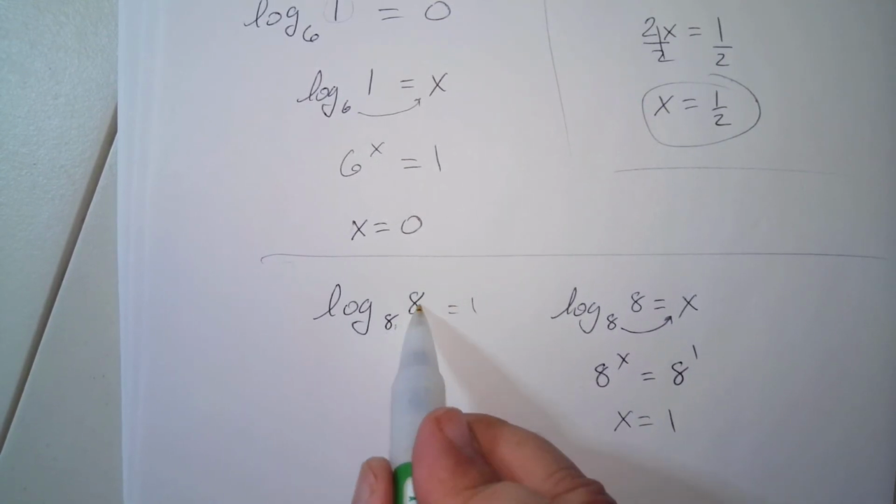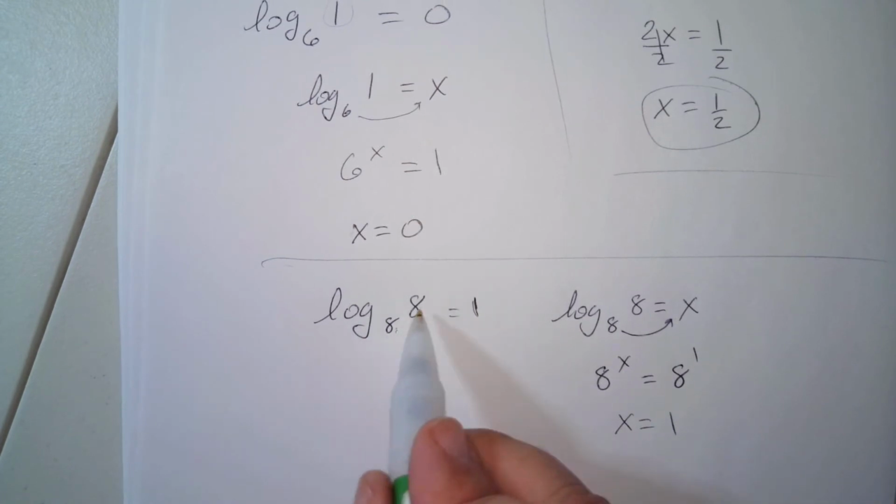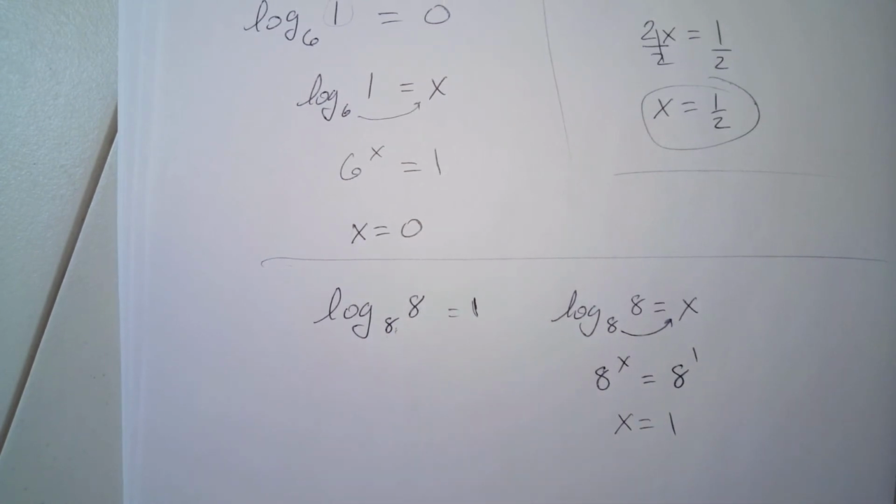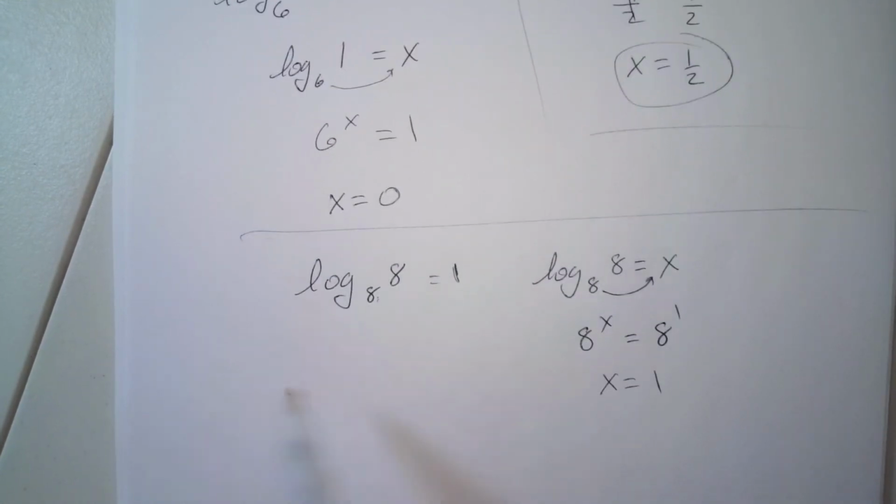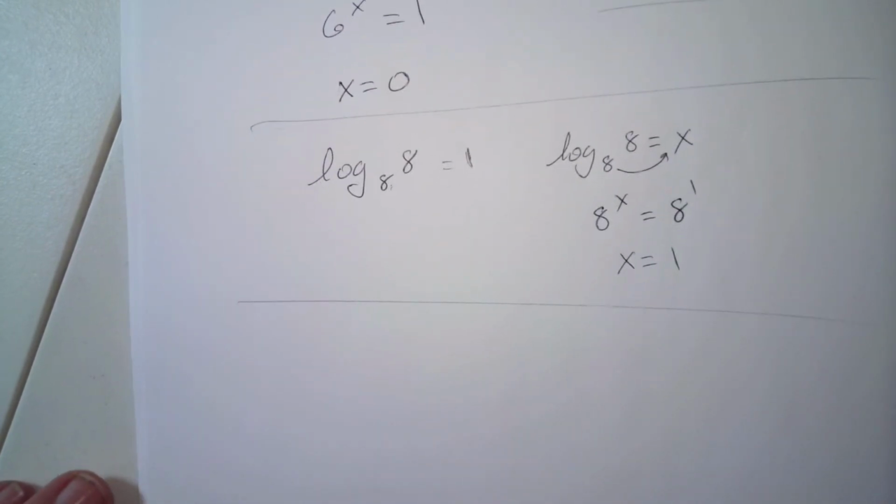So whenever the base and the number are the same, it equals 1. Those last two are some of our properties we're going to talk about next.